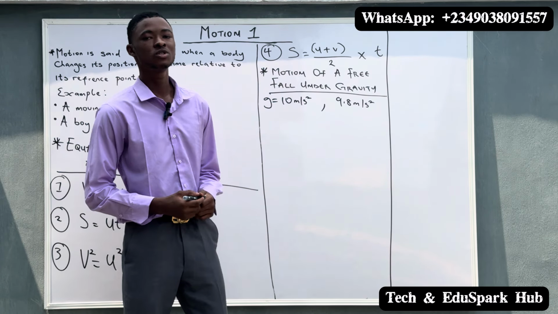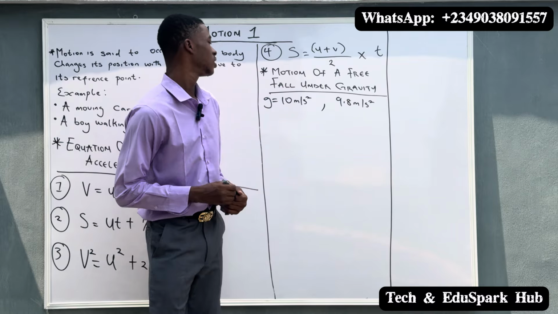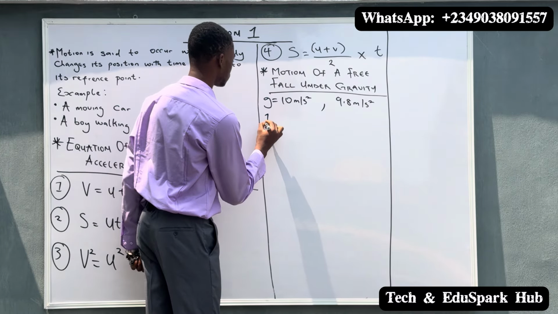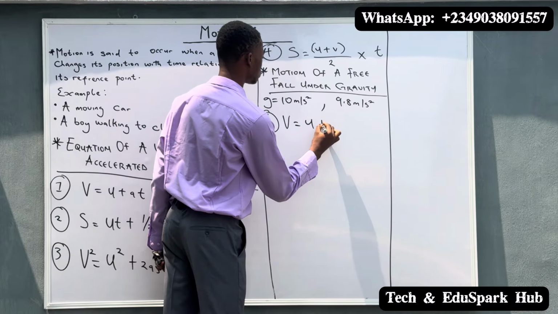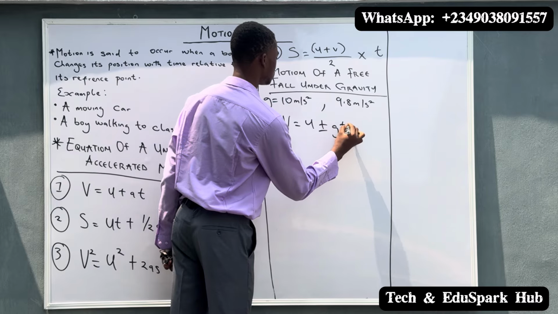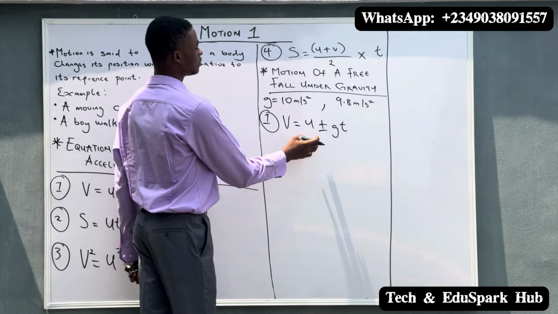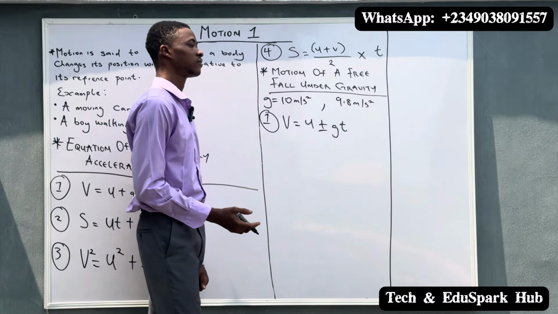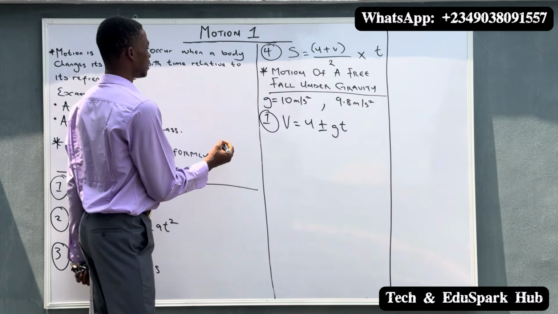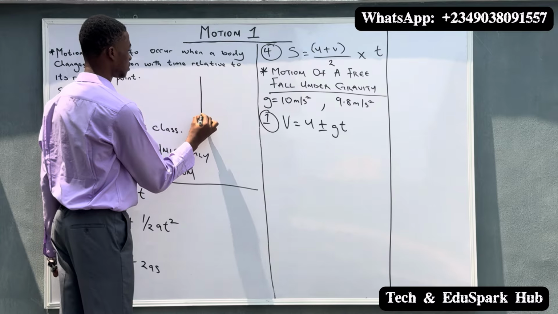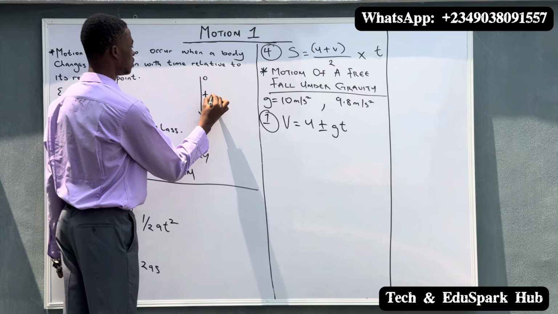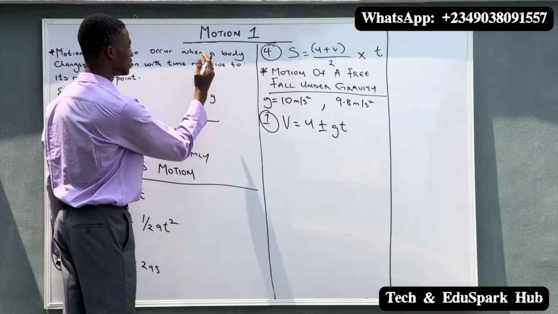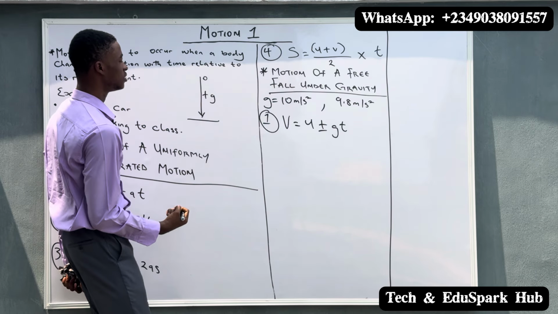And we have three equations of motion under a free fall. The first one is v equals to u plus or minus gt. This plus or minus is telling us that if the body is falling down, there will be plus g, because gravity will be pulling the body downward.